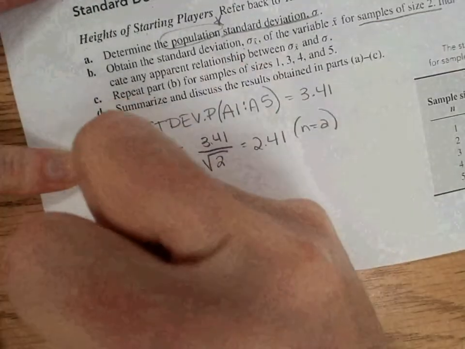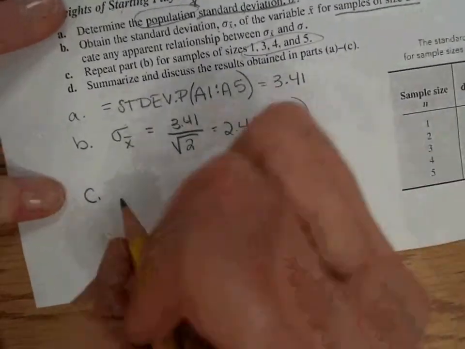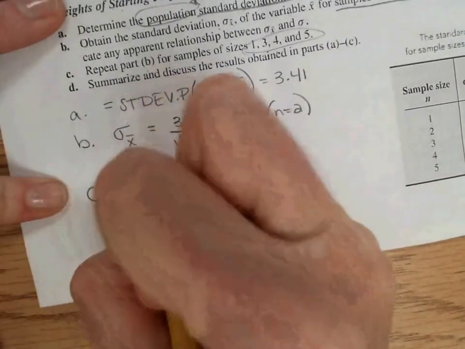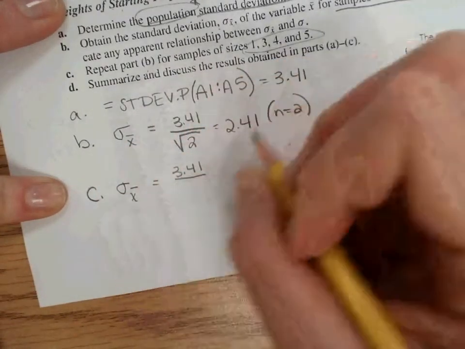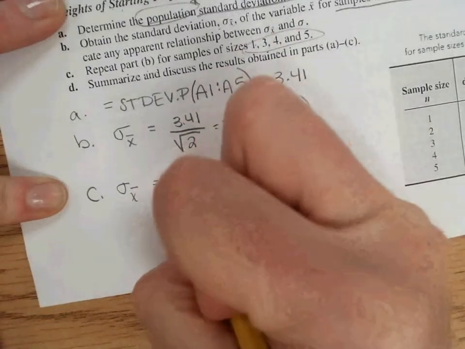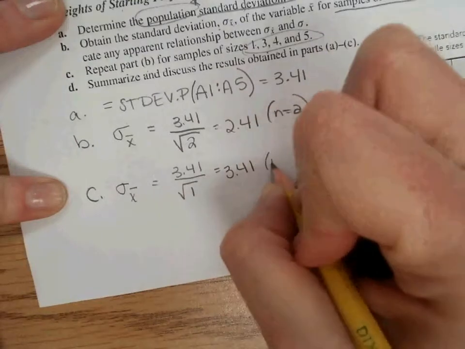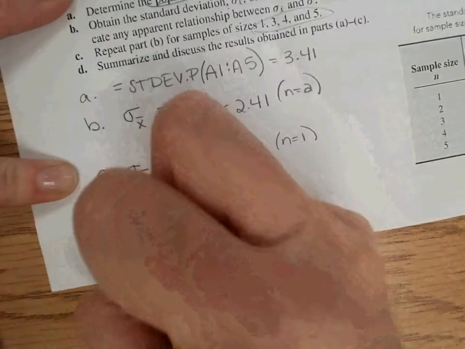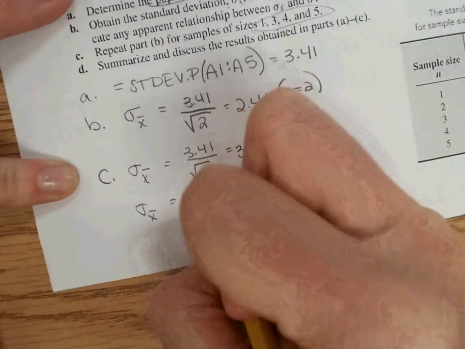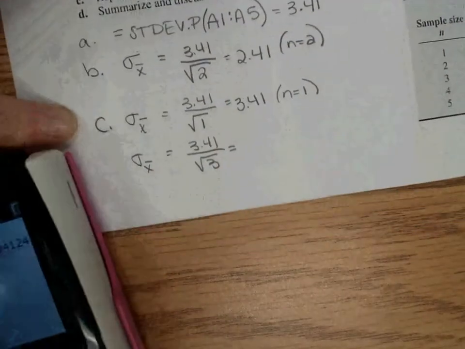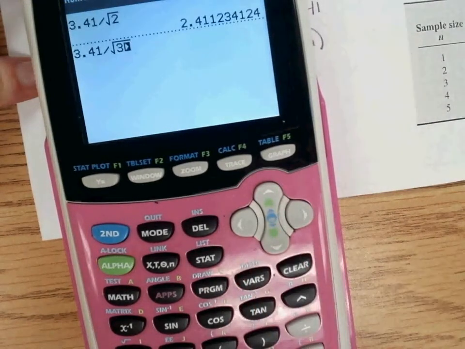C is asking us to repeat part B for samples of size 1, 3, 4, and 5. So sigma sub x bar when we have a sample of size 1: 3.41 divided by the square root of 1. Well, that's just 1, so 3.41 when n equals 1. For a sample of size 3, I can just go back up and change my 2 to a 3.